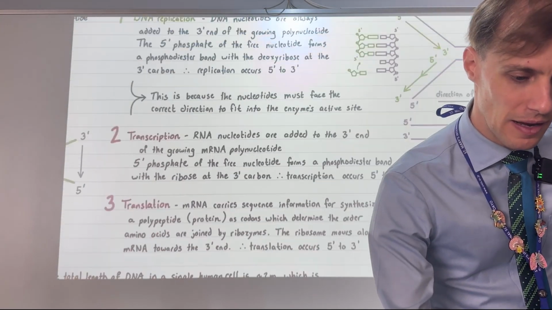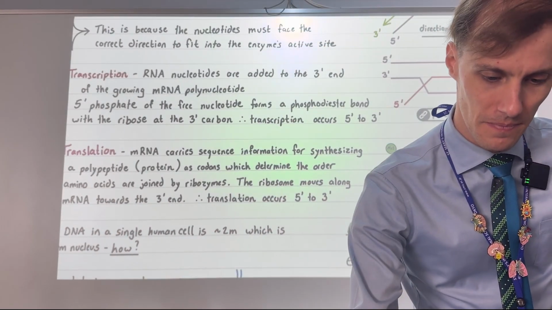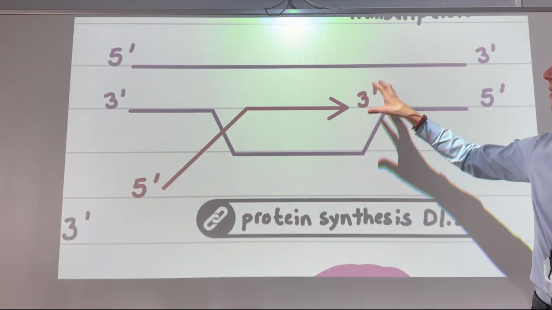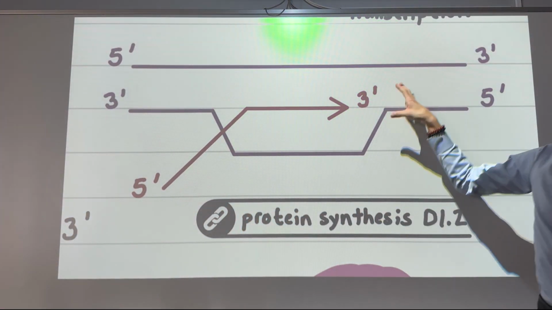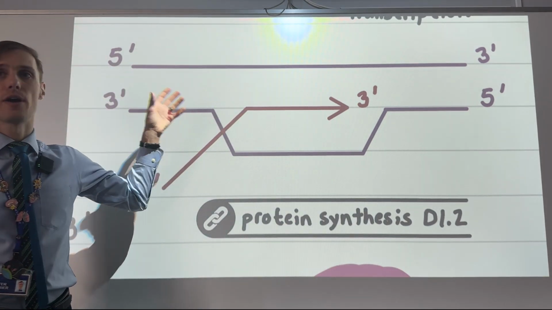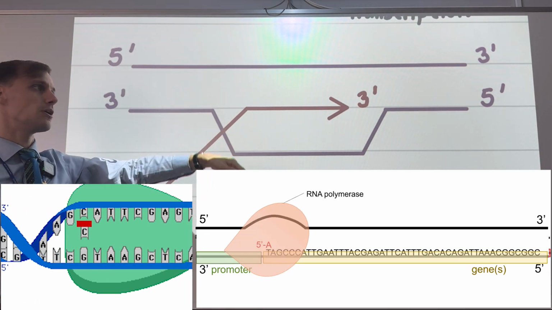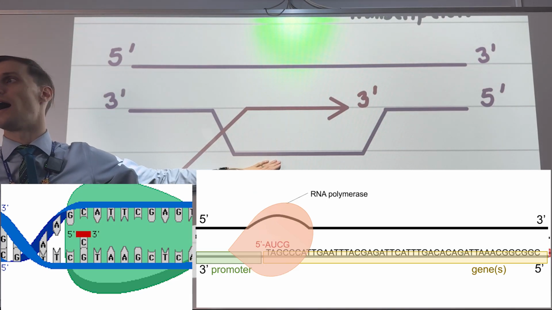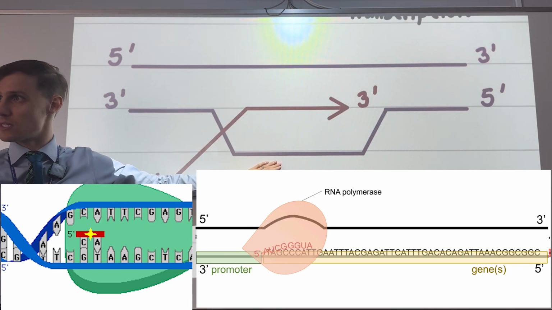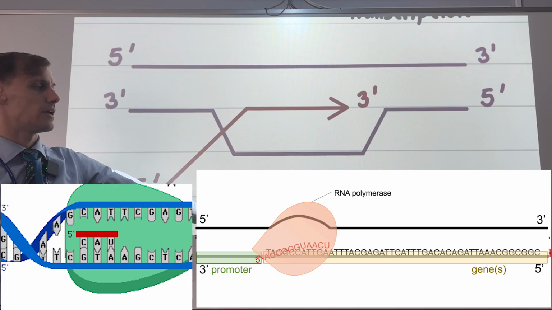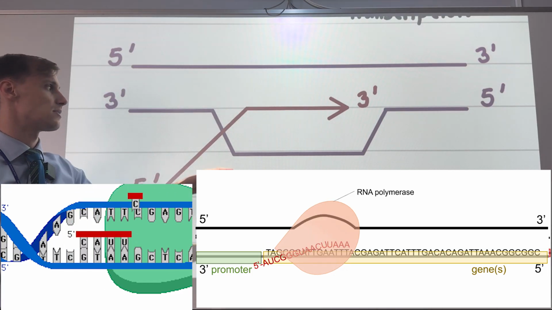So let's look at transcription. Here in purple, again, I have the DNA strand. Now I'm going to use the enzyme RNA polymerase. That's going to separate the DNA, and I'm going to use one of these strands as a template strand. Again, this process we'll be looking at more deeply in D1.2, or protein synthesis.